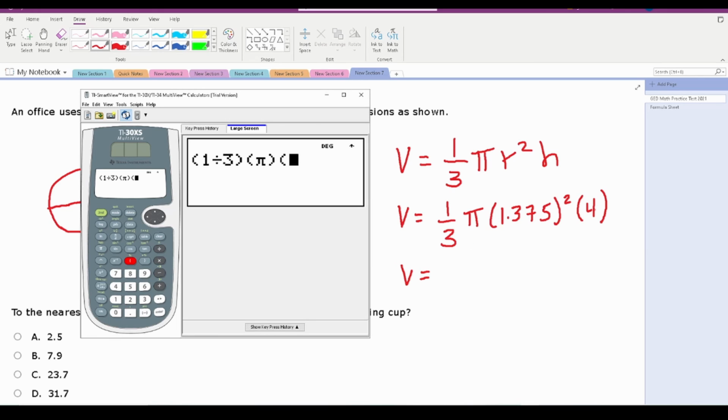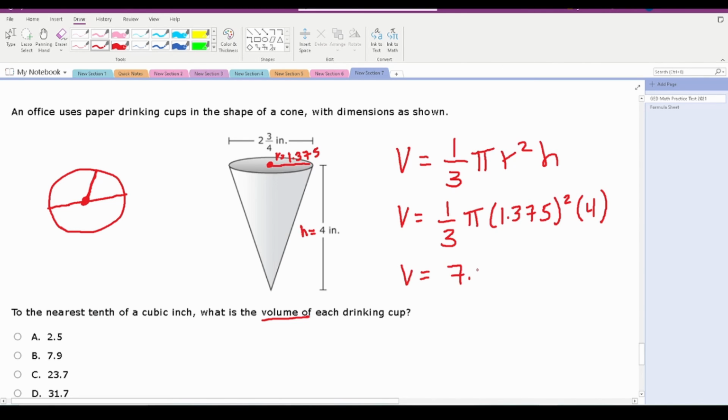And then I'm going to put 4 first so I can put the exponent at the very end. So this is times 4 times 1.375, and that is squared. So we can see the volume of this cone is 7.919.